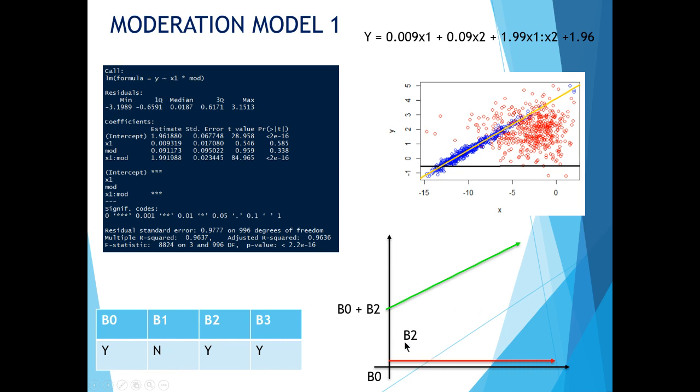And so down here, this is what we're hoping to get, and it appears that we did get that by running this through R. So we can see here that x1 and the moderator are not significant, but there is an interaction between x1 and the moderator. And then it gives us this formula up here, y equals 0.009 x1 plus 0.09 x2 plus 1.99 x1 x2 plus 1.96, which is just our intercept.